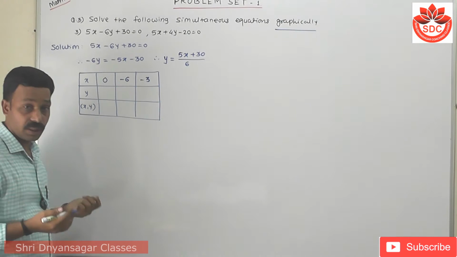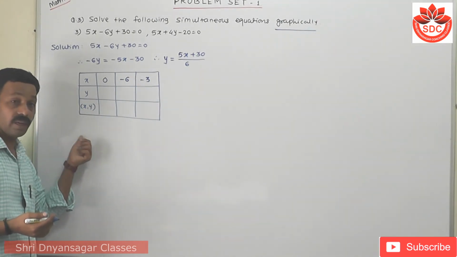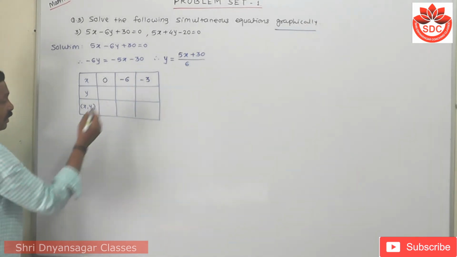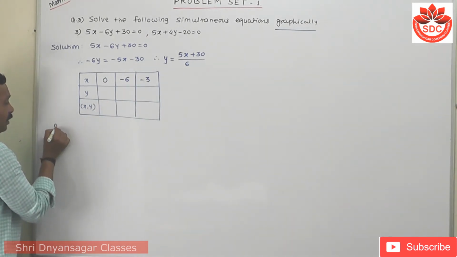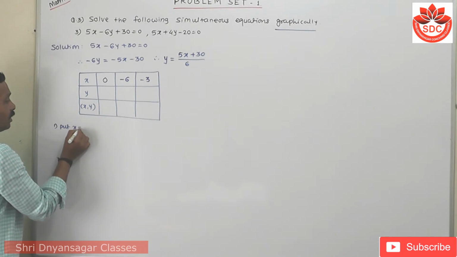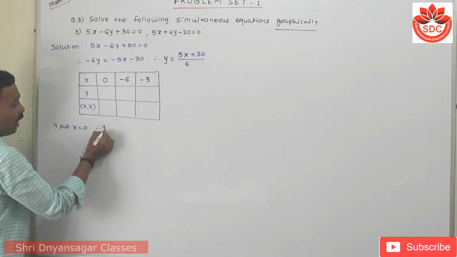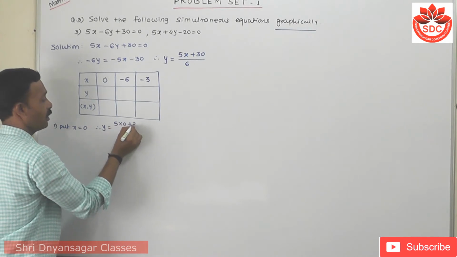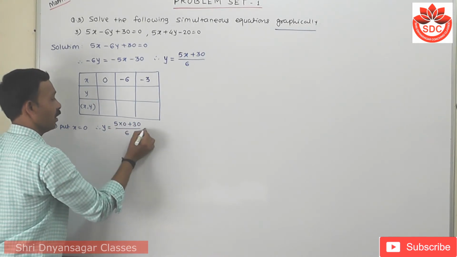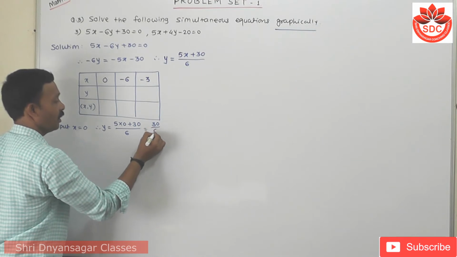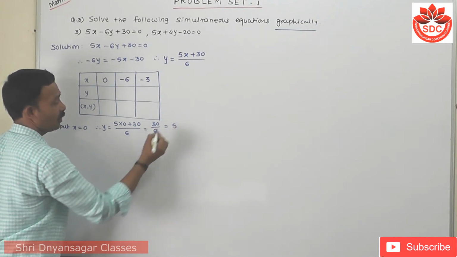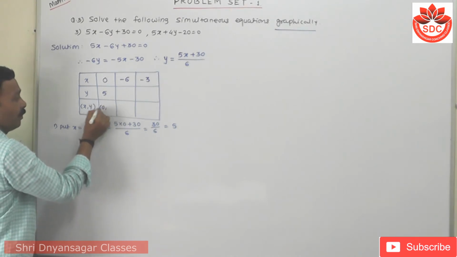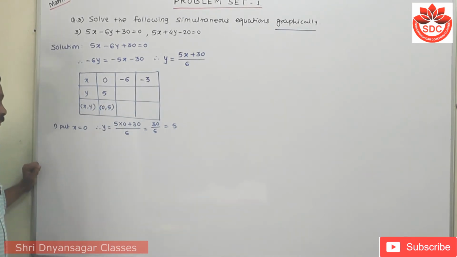Now let us find the value of y, and then use these values to draw the graph. Now this is first: put x equals 0, then y equals 5 into 0 plus 30 upon 6. Directly take 30 upon 6, which is equal to 5. So the ordered pair for the graph is (0, 5).